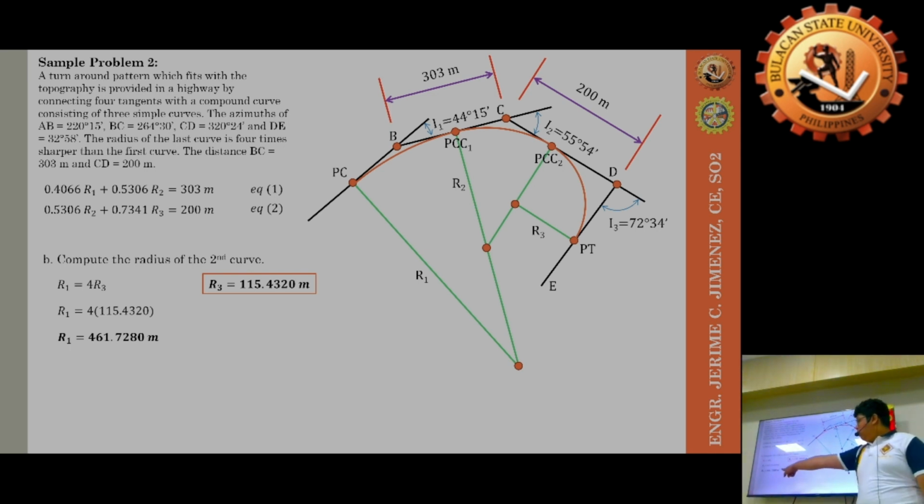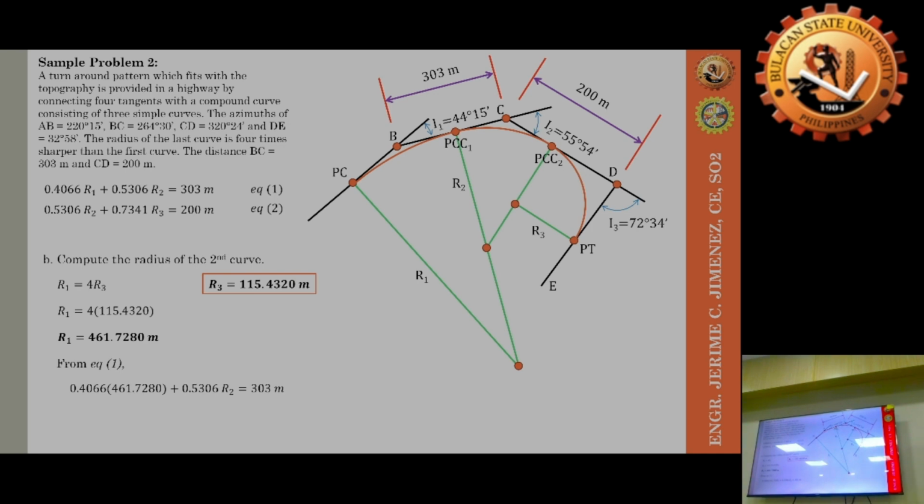Then, itong R sub 1, gagamitin naman natin siya sa equation number 1. Pwede rin gawin na R sub 3, substitute sa equation number 2. Now, we'll be having this equation: 0.4066 multiplied by 461.7280 plus 0.5306 R sub 2 is equal to 303 meters.